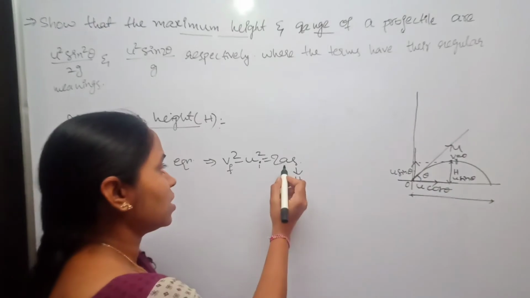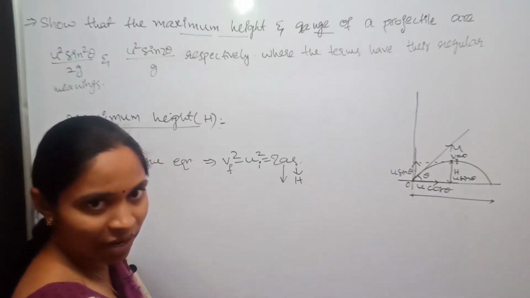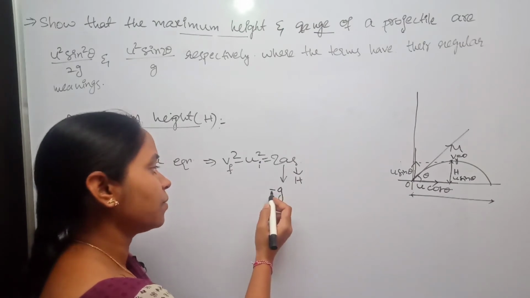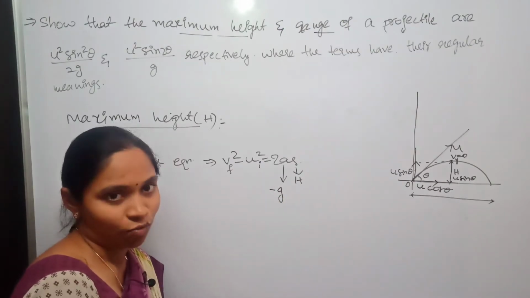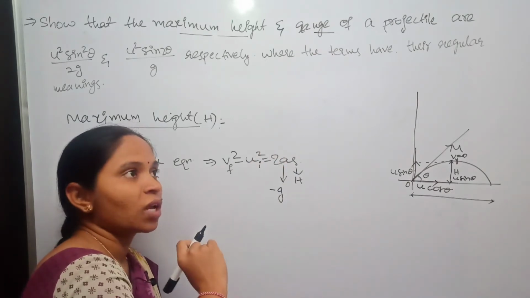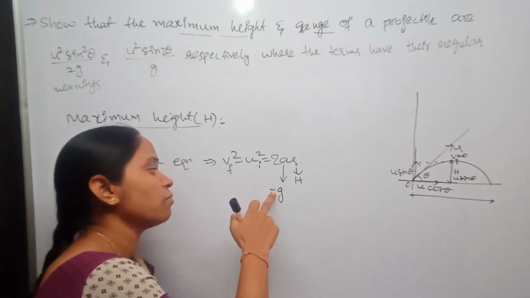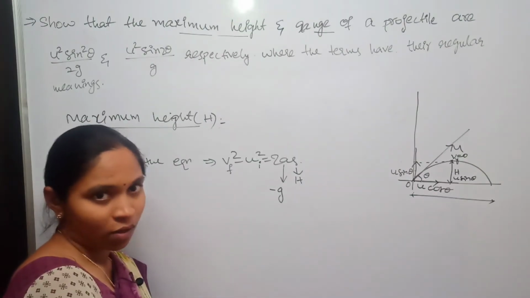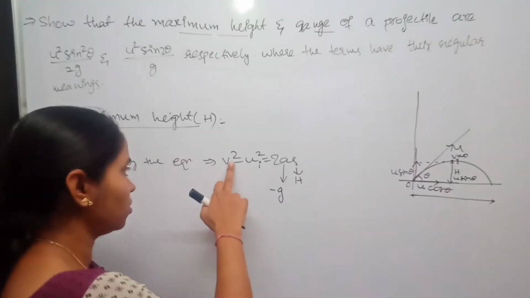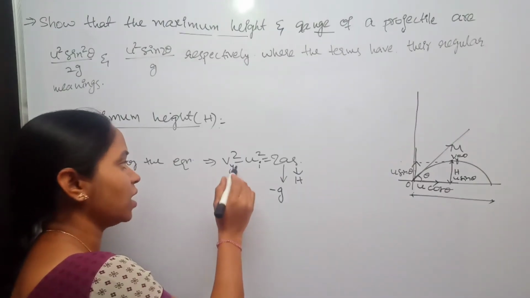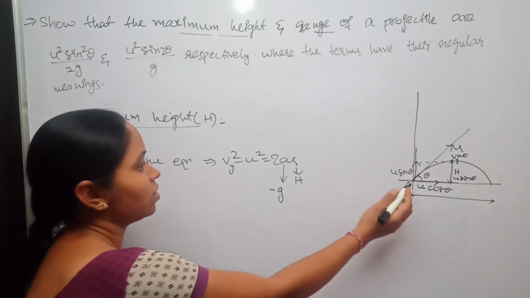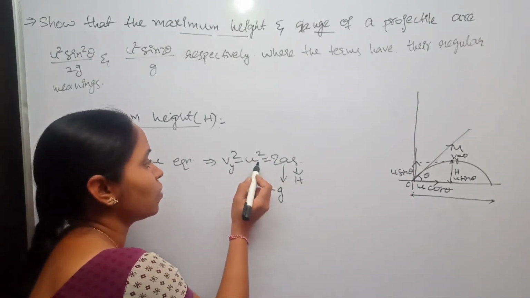Now this a is the acceleration due to gravity which will be in downward direction, therefore this will be taken as negative as it is directed downward, and the velocity is in upward direction. We have to take a minus sign here. Now here the final velocity will be vy and initial velocity is uy.